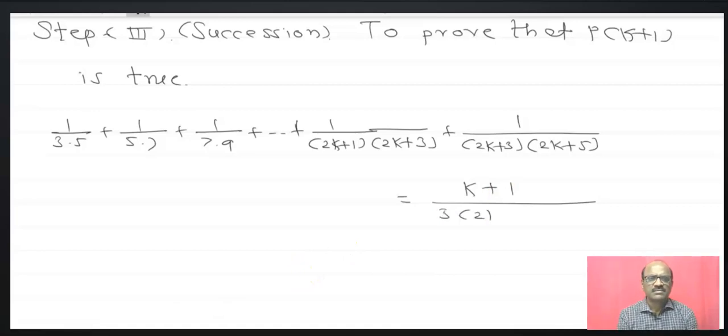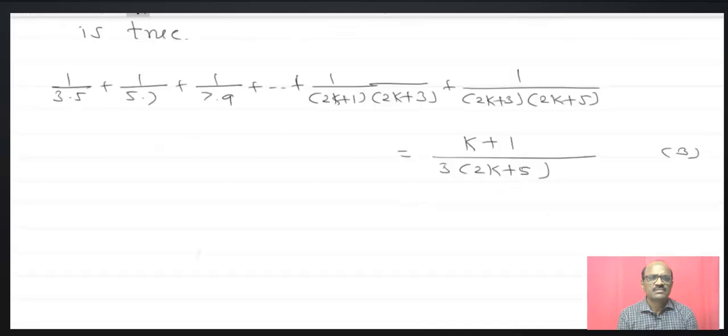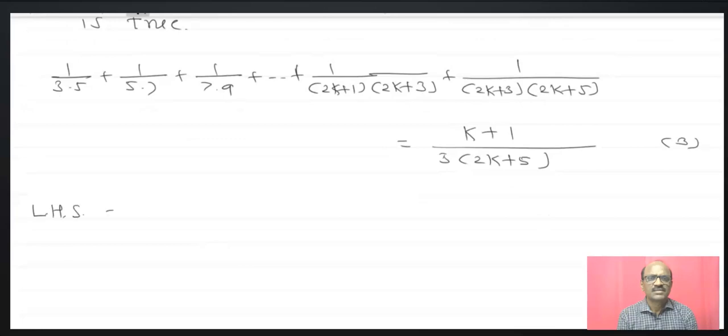Therefore, the RHS is k plus 1 upon 3 into (2k plus 5). This is the third equation.